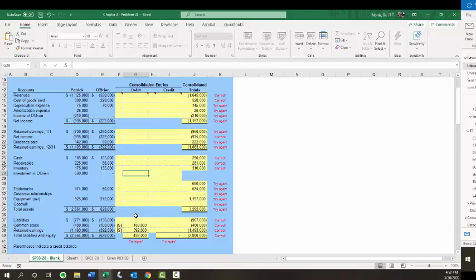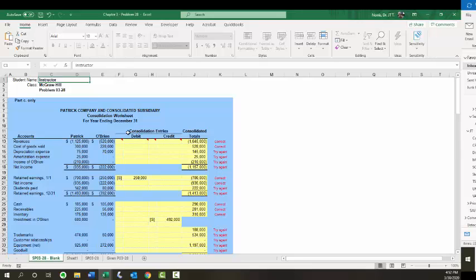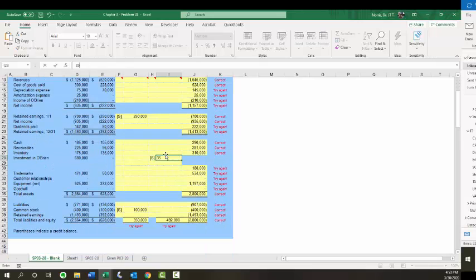And the offset of that goes to the investment in O'Brien, which is 492. Okay, so that's the S entry.